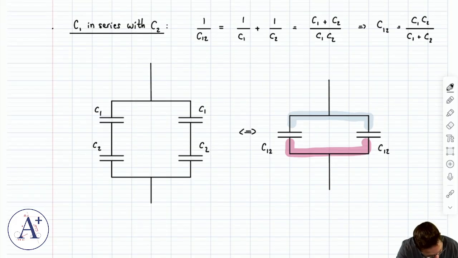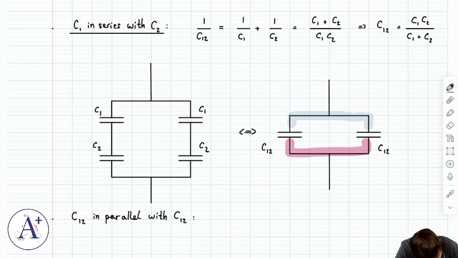Okay, well that's easy. Parallel capacitors are pretty easy to deal with. So C12 is in parallel with C12. And once I combine these two into one single equivalent capacitor, I'm done because I've taken my arrangement of 4 and combined it down to one equivalent capacitor.